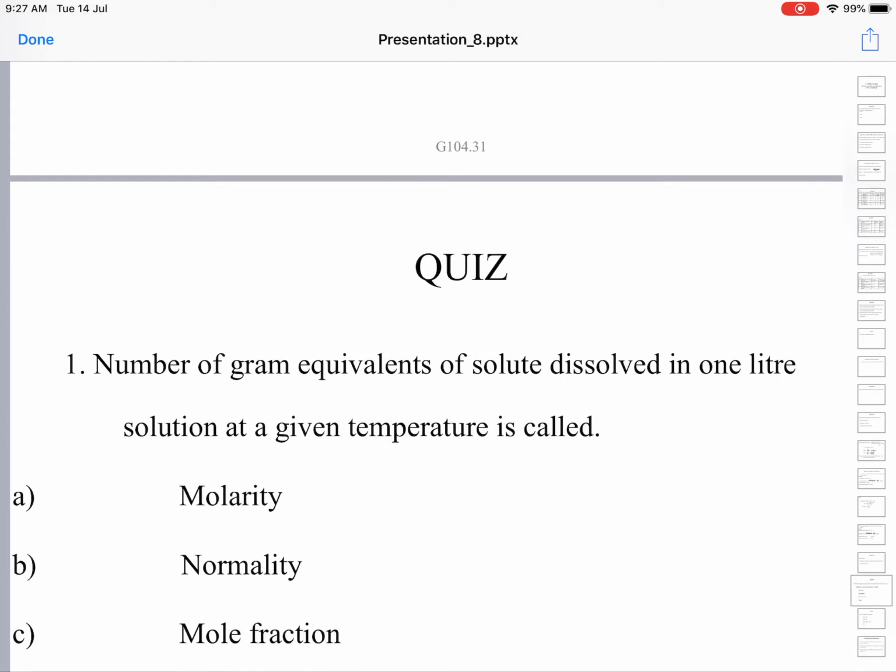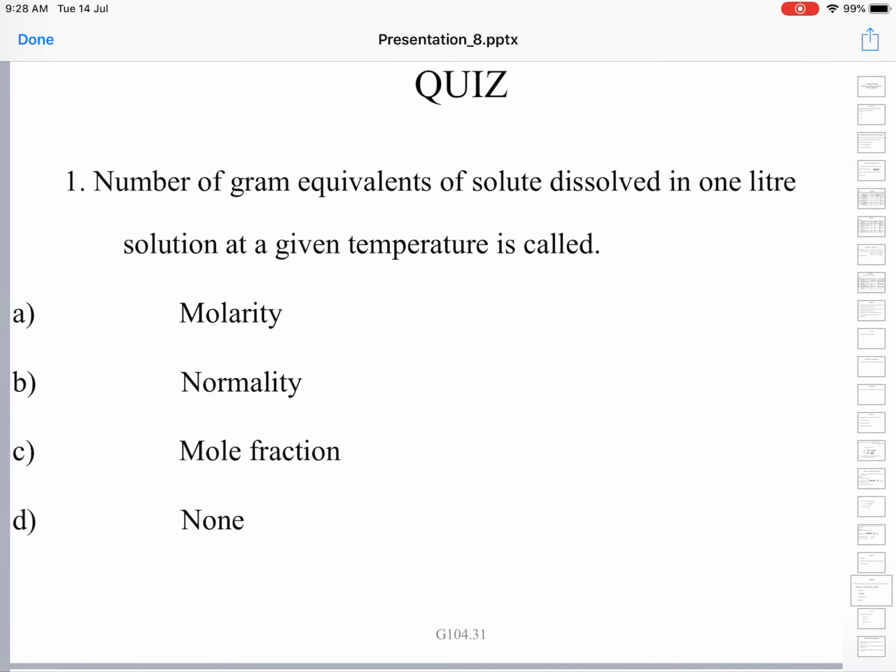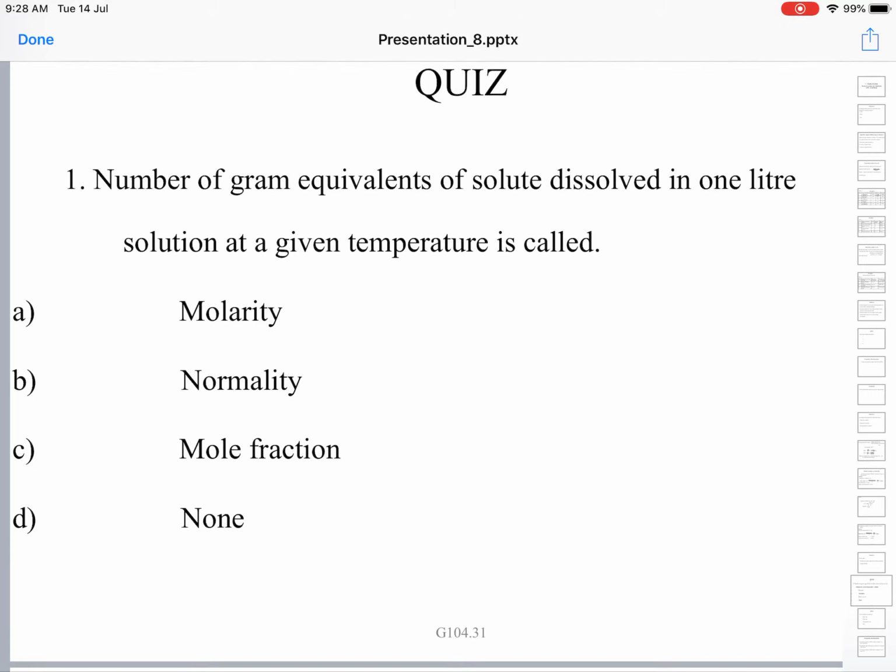A few questions. The number of gram equivalents of solute dissolved in 1 liter of solution at a given temperature is called normality. The number of moles dissolved is molarity. Obviously, gram equivalents means normality.